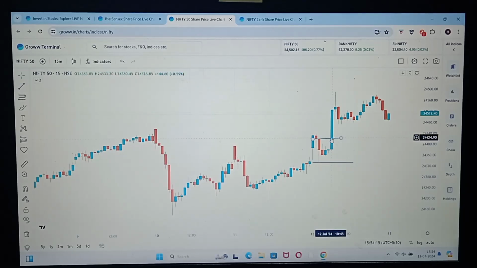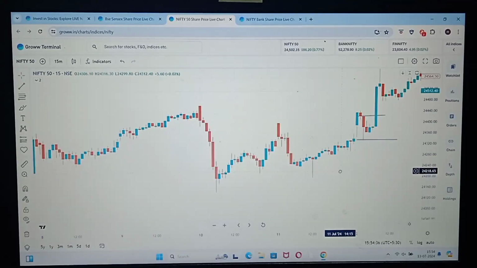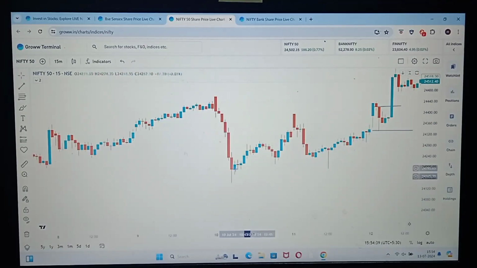Okay, so clearly you can see at 10:45 we are getting a trade at 24,424. From this level 400 to 530, 130 points you can see clearly, and here 170, 180 points clearly you are getting.